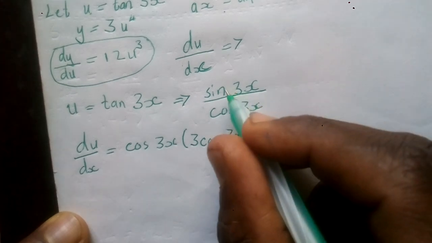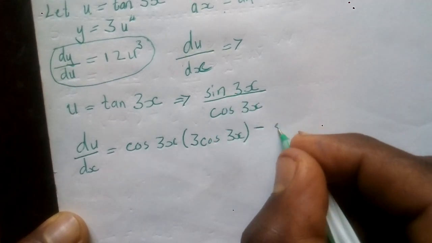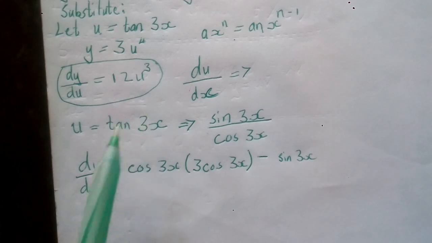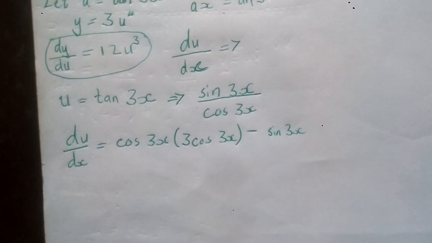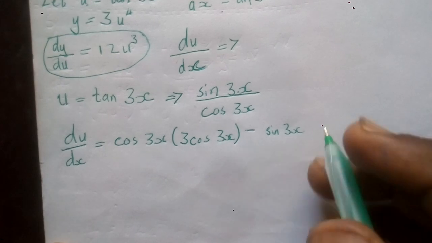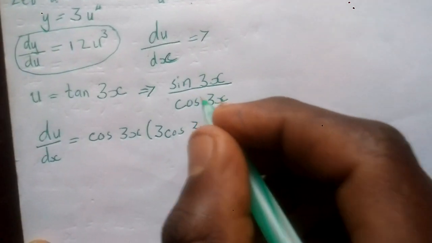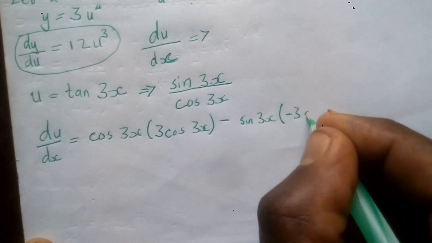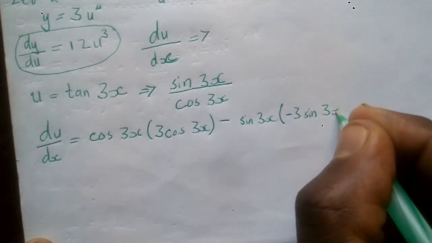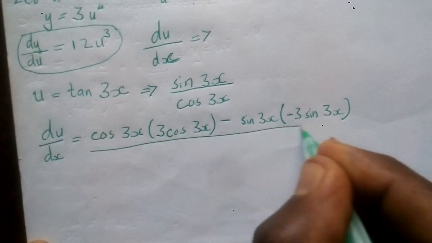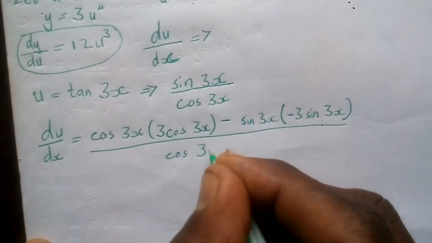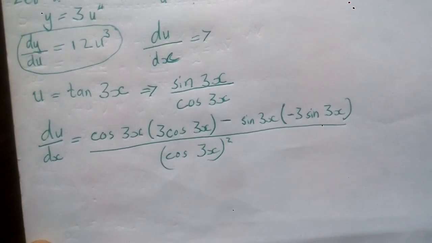Minus, you come to the numerator, sine 3x, into bracket the derivative of cos 3x, which is negative 3 sine 3x, all over you square the denominator, cos 3x squared.